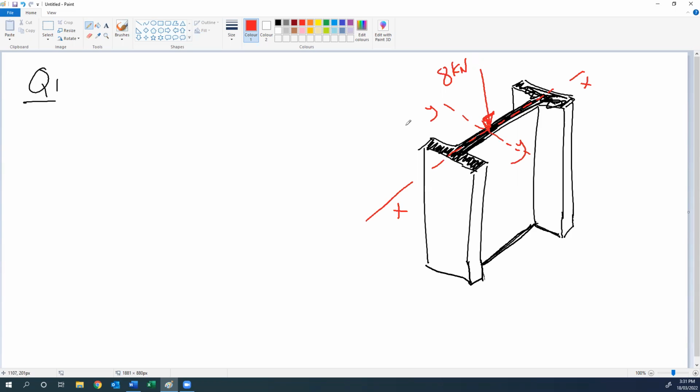So if we look, the plan of this one will be something like that. This is our I beam.